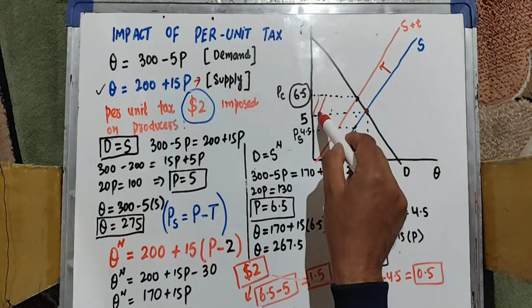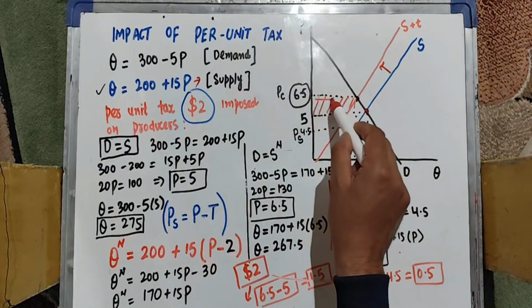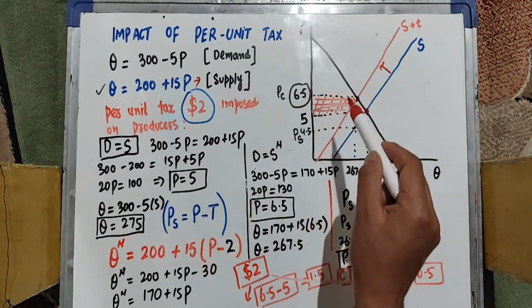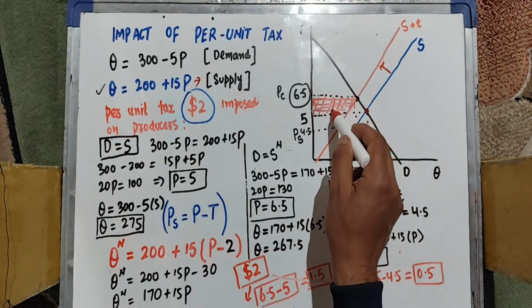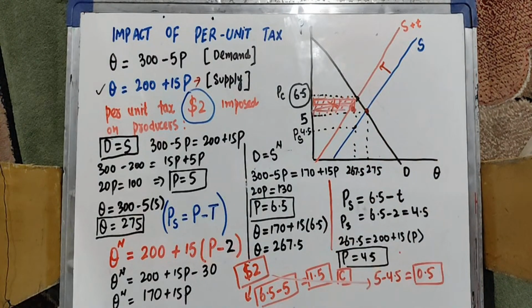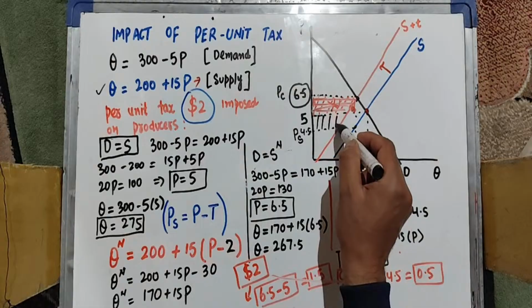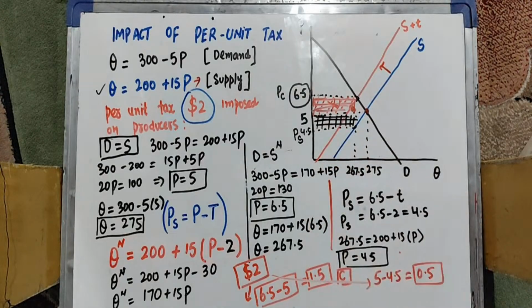If I do the color, this is the amount of the tax that the consumers will bear, and this one will be the amount that suppliers will bear of the tax. Okay, I hope I made myself clear in this video and you find this video helpful.